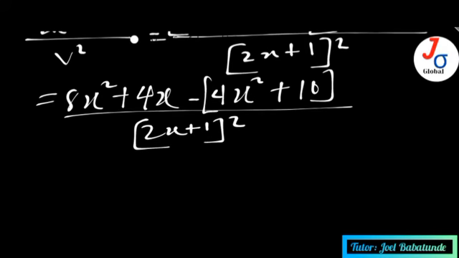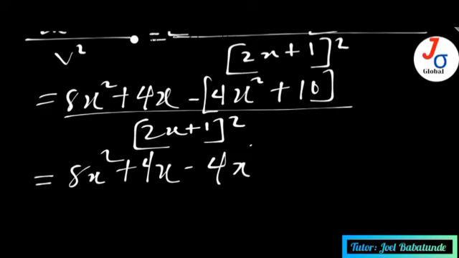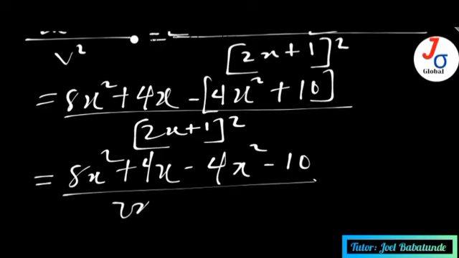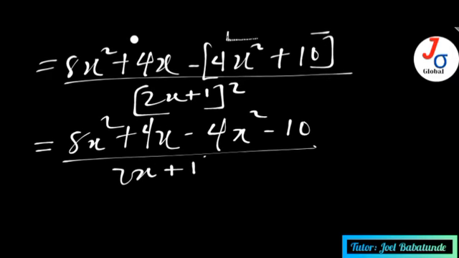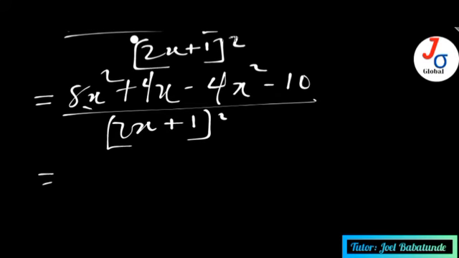Then I'm going to have 8x squared plus 4x minus 4x squared minus 10, over 2x plus 1 all squared. So collecting like terms, I have this minus this.